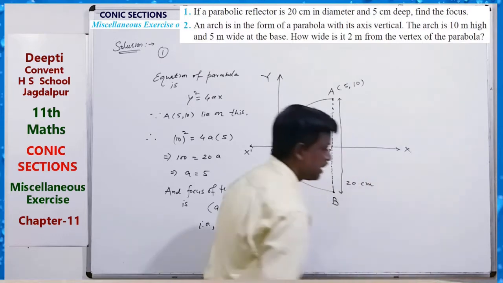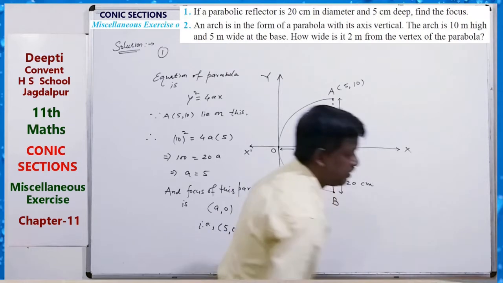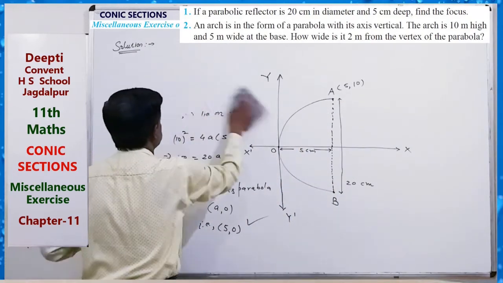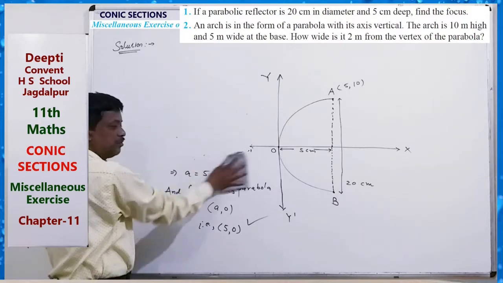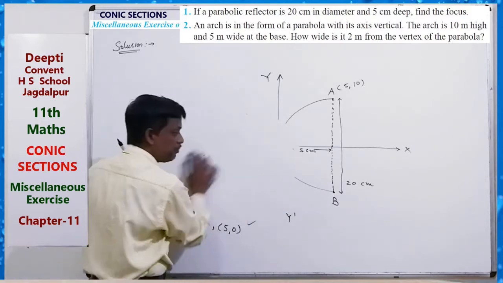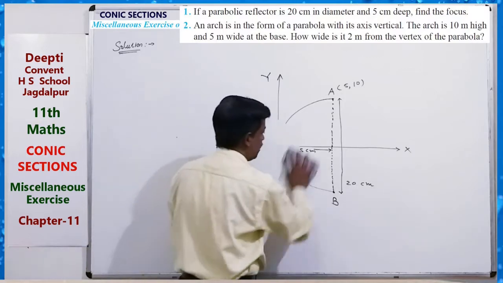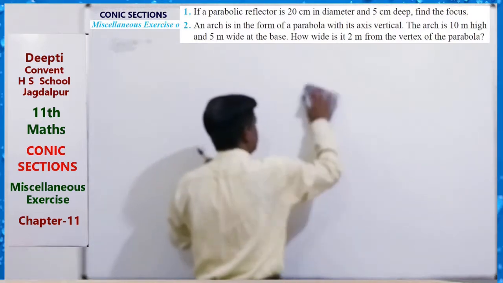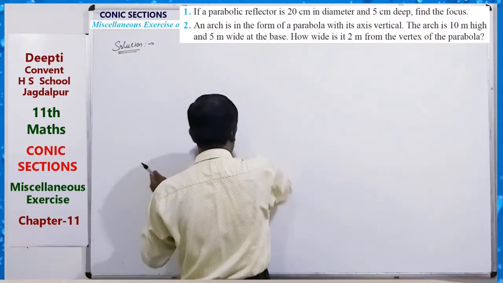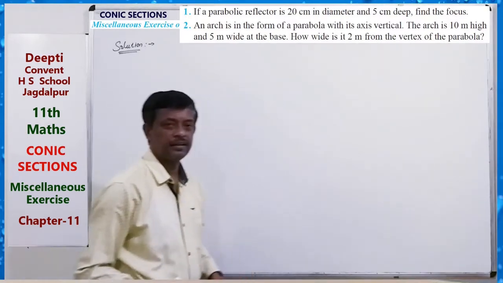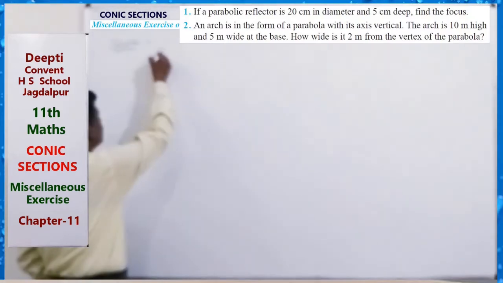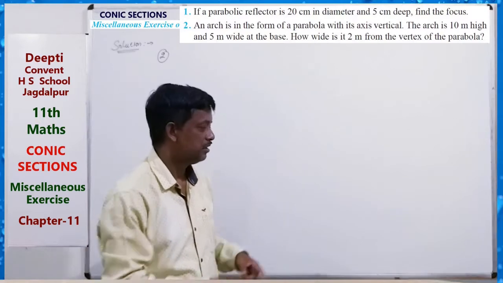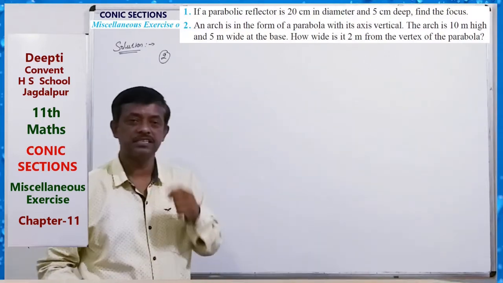Now take question second. An arc is in the shape of a parabola with its axis vertical.